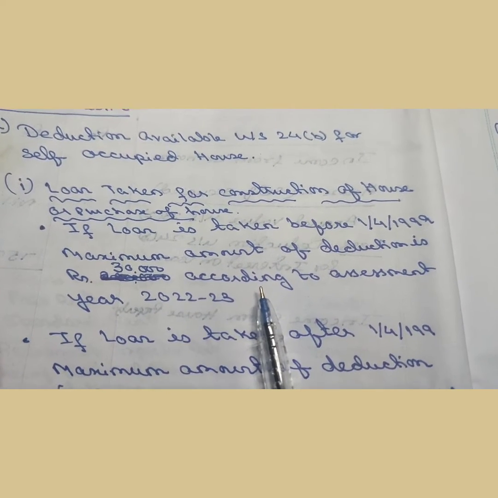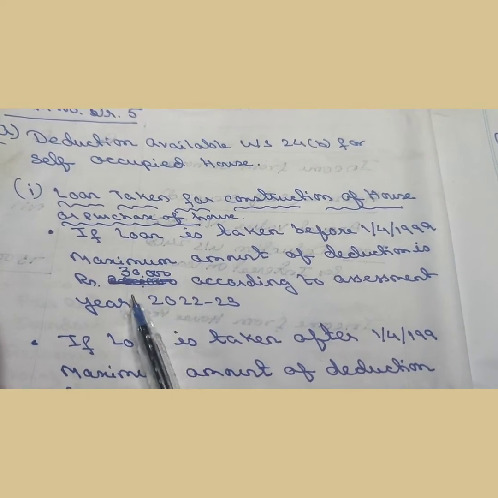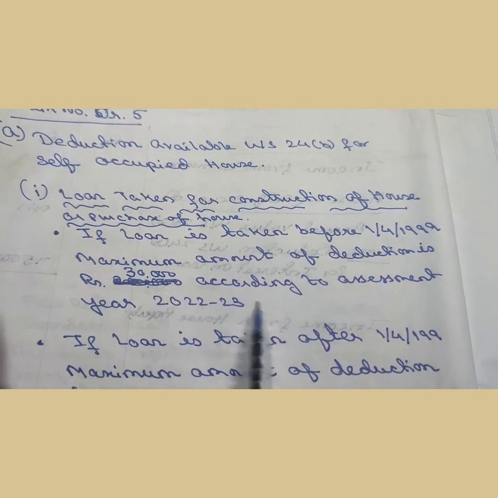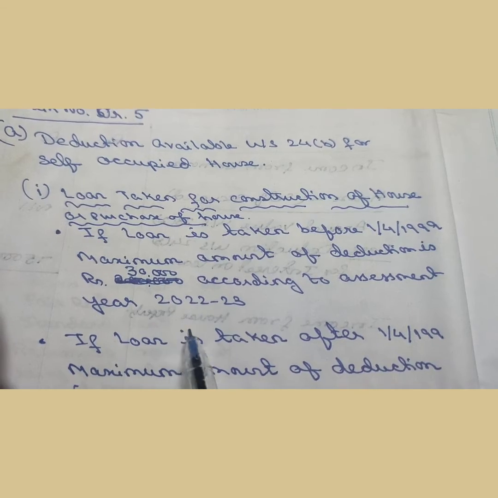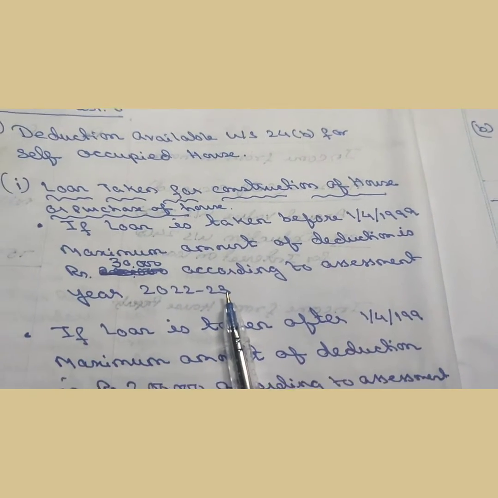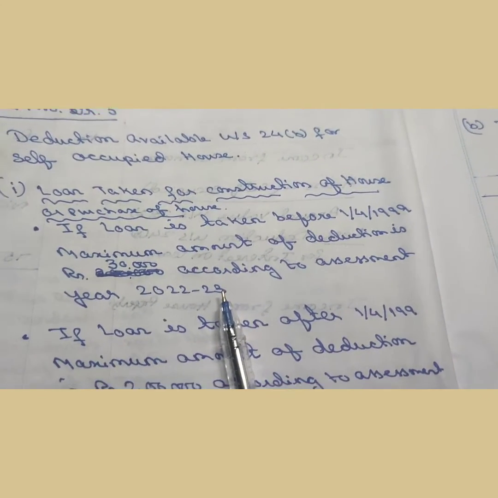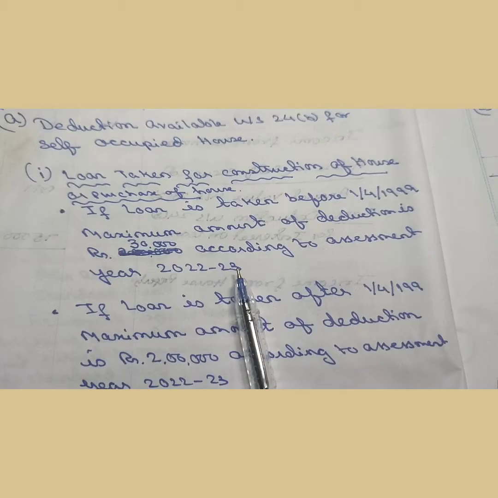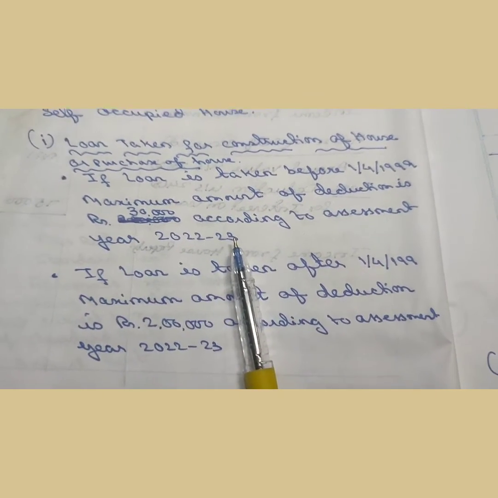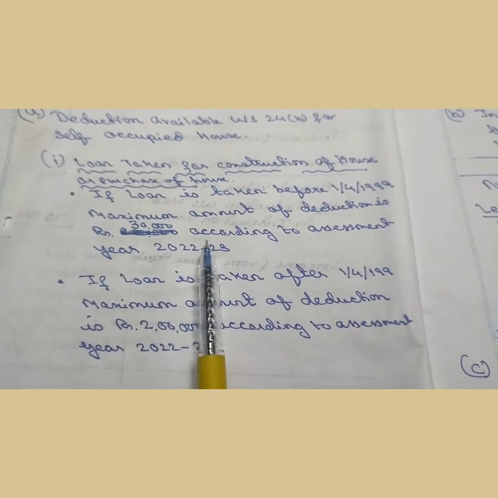So if the house is self-occupied, in that case the maximum amount of deduction is rupees 30,000 according to assessment year 2022-23. I have mentioned it because in case of other assessment years it may be changed.